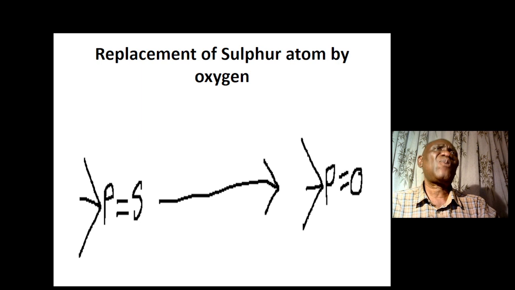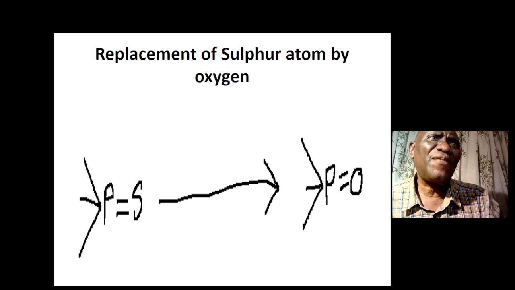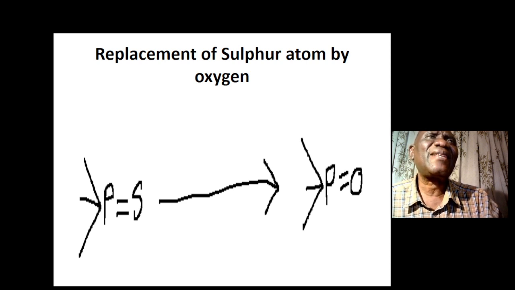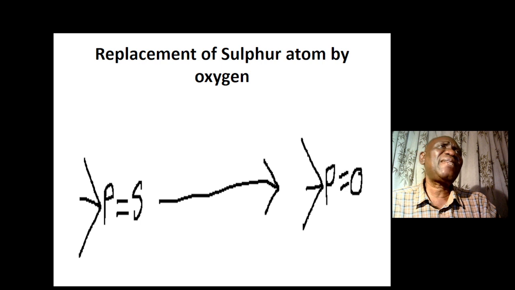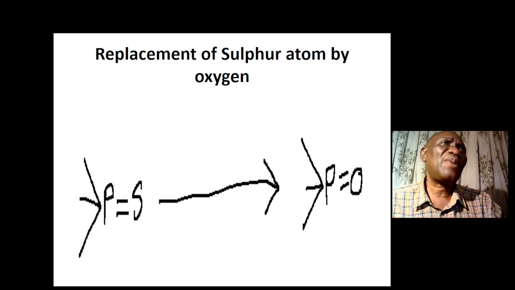Now there is also what we call a replacement of sulfur atom by oxygen. You can have a structure where you have a phosphorus and sulfur. This sulfur will go away, and it's going to be replaced by oxygen. So it's simply a replacement of sulfur by the oxygen atom.